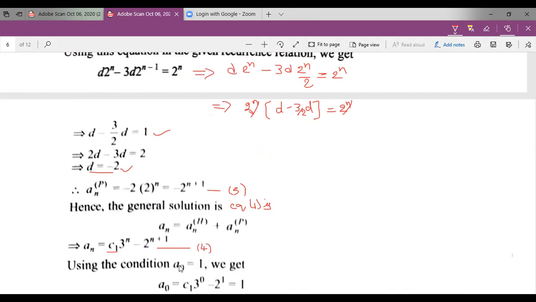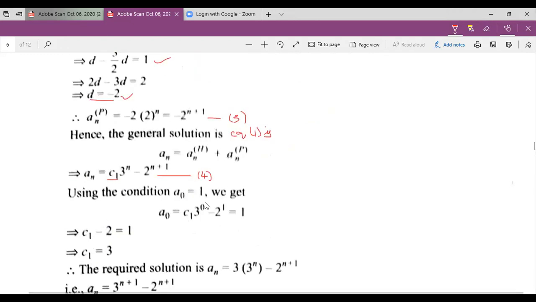We get a_0 is equal to c1·3^0 minus 2^{0+1}. So 3^0 is 1. The a_0 value is given as 1. So 1 is equal to c1 minus 2. So c1 is equal to 3. So substitute the c1 value in equation 4.